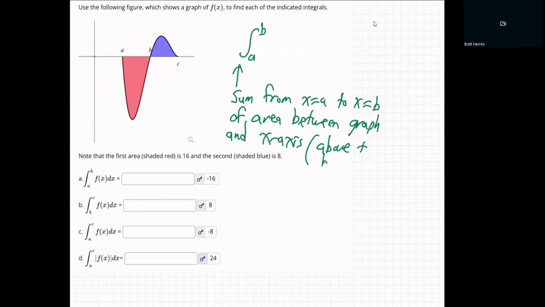Above is positive, below is negative. That's what that symbol means when you write f of x dx. It's just a shortcut way of writing.